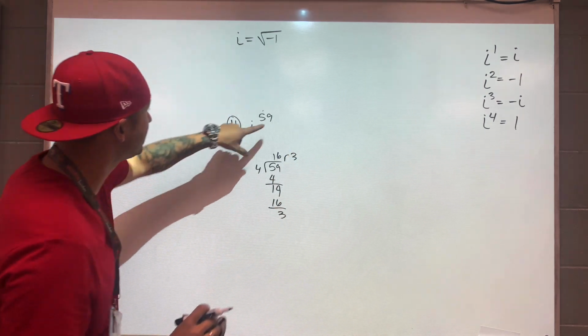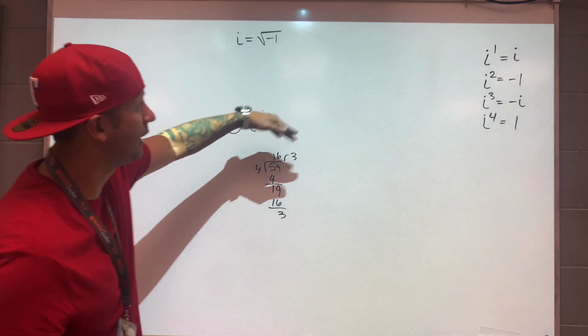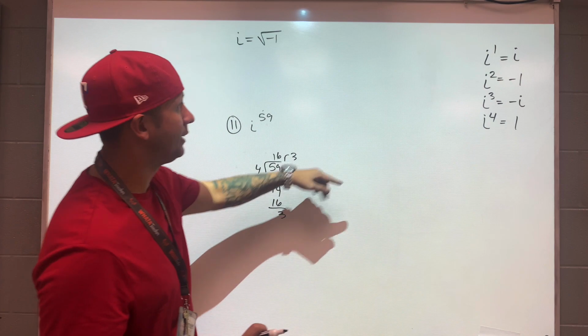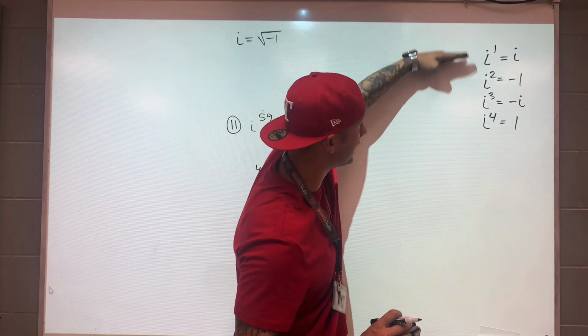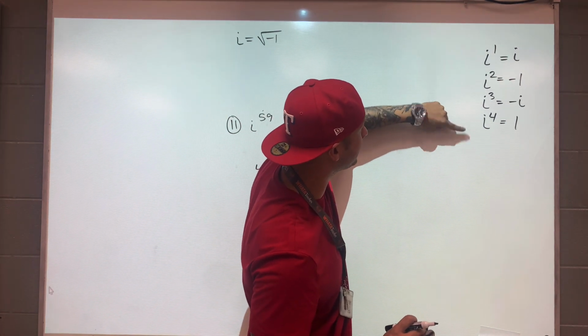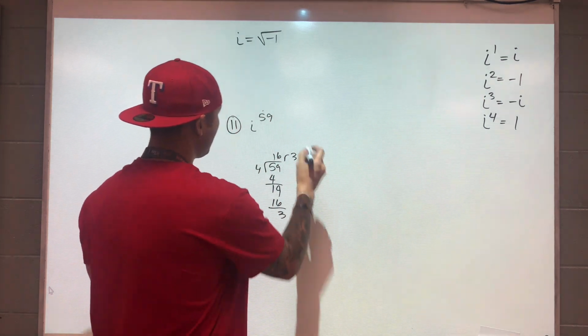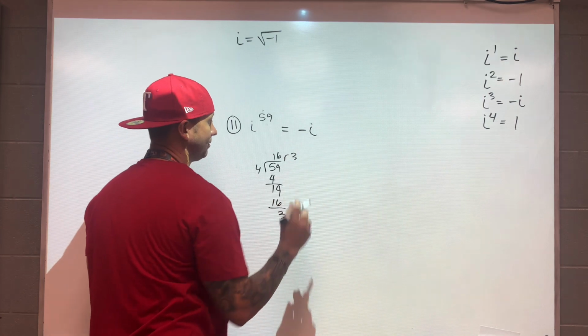All right, so 4 goes into 59 16 times, remainder 3. So it's going to be 4, 8, and then remainder 3, 1, 2, 3. So this is going to be -i.